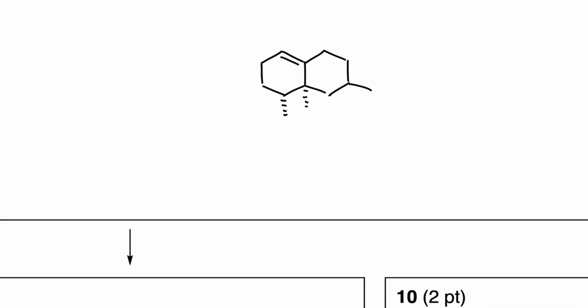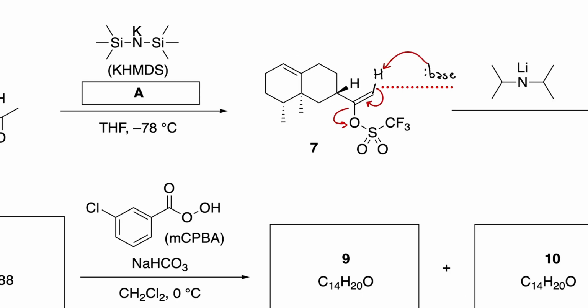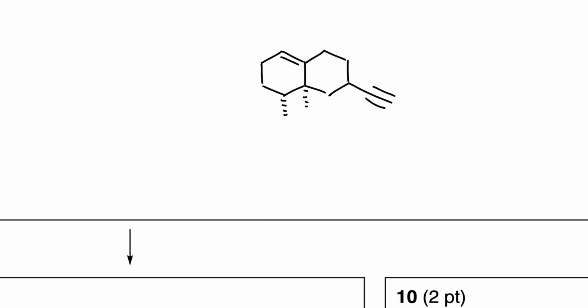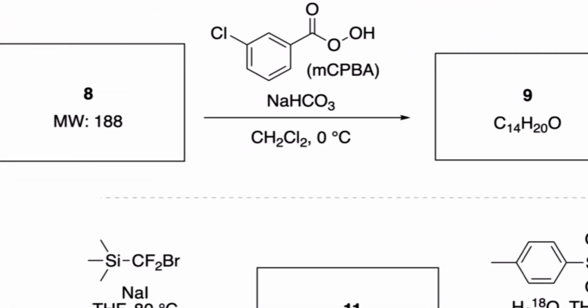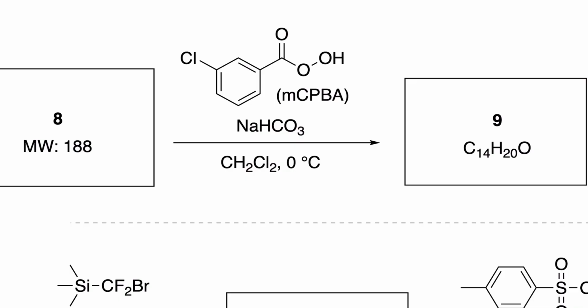Alright, so that should be our 8, right? Yes, and let me indicate the stereochemistry too. Boom. Okay, great. Let's continue, and then we treat it with mCPBA, a peroxy acid, under sodium bicarbonate.